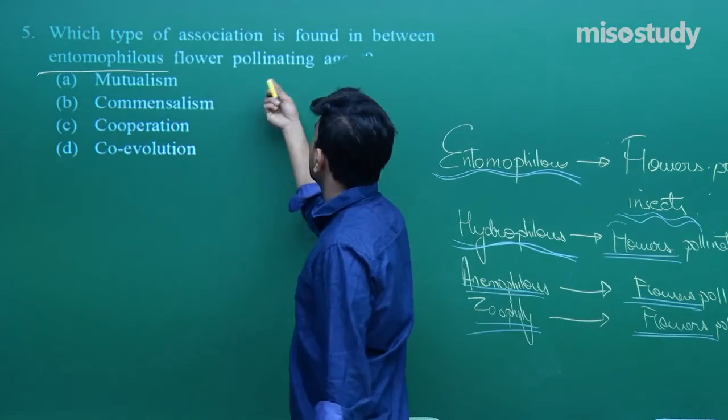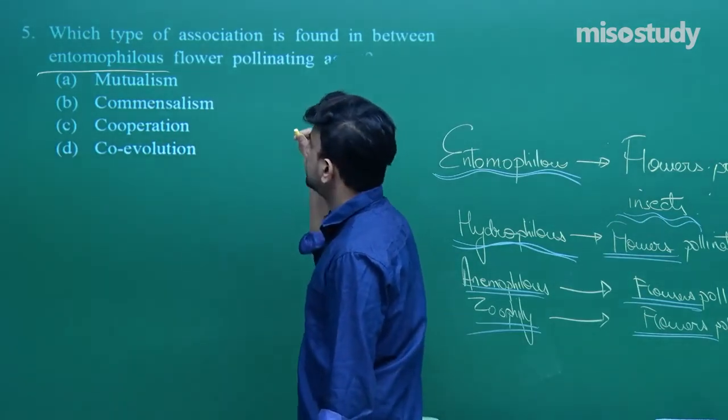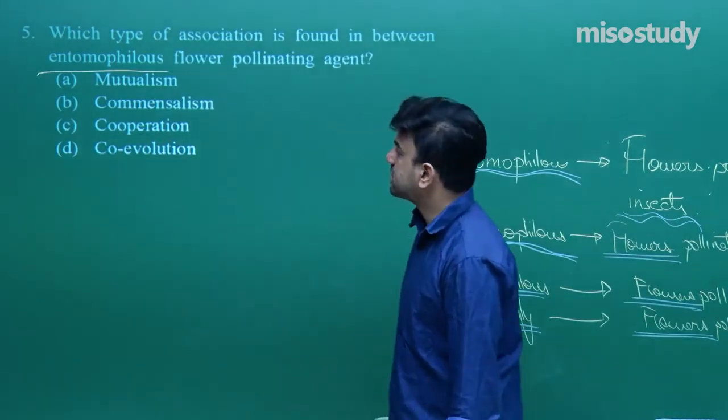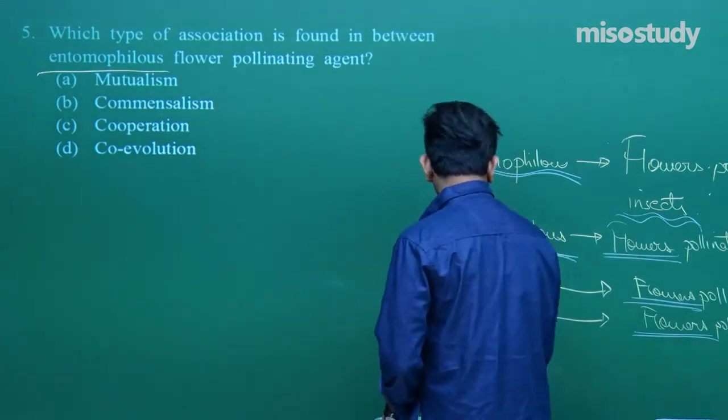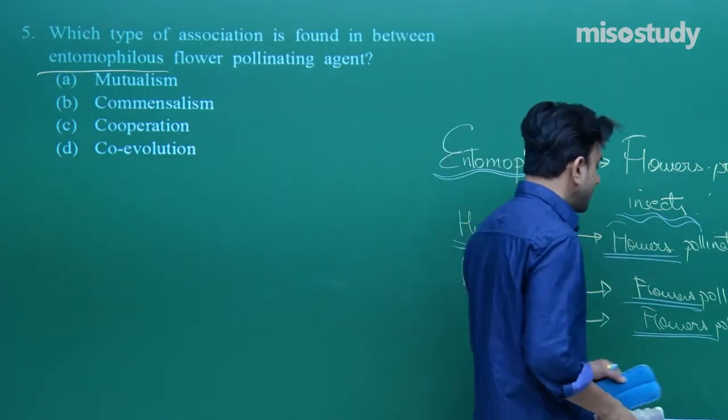So next we will see what is association. The first one which we see is mutualism. What is mutualism?